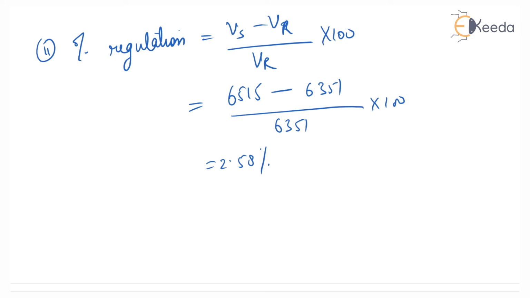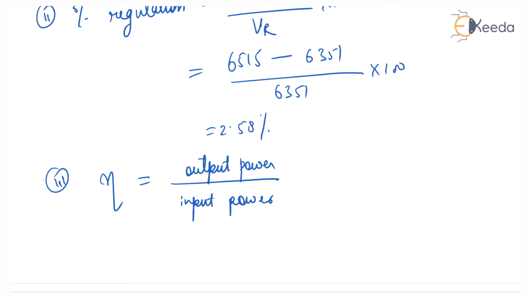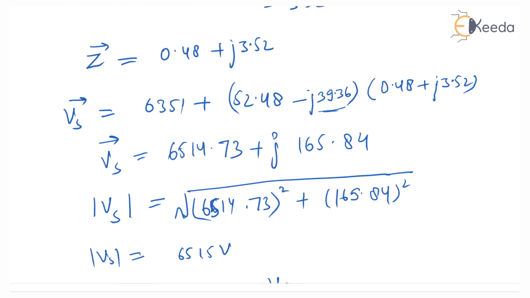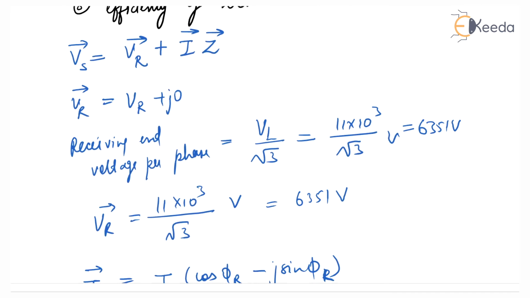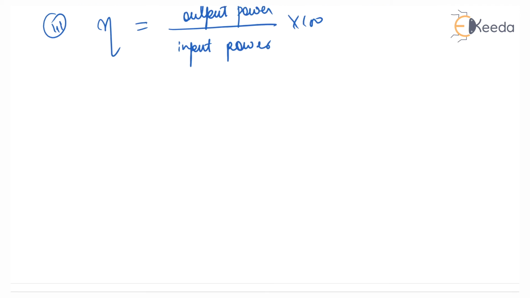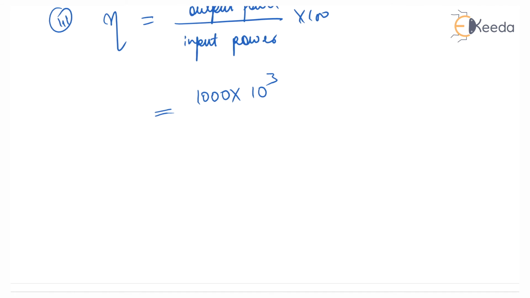And in the last part, we have to find out the transmission efficiency. Transmission efficiency is equal to output power upon input power into 100. Output power for three phases is given as 1000 kilowatt, that is 1000 into 10 to the power 3.